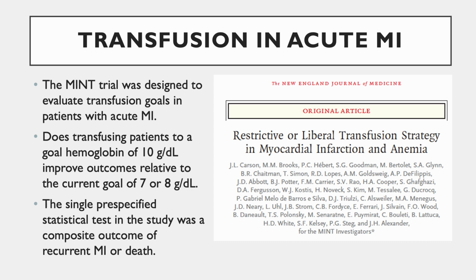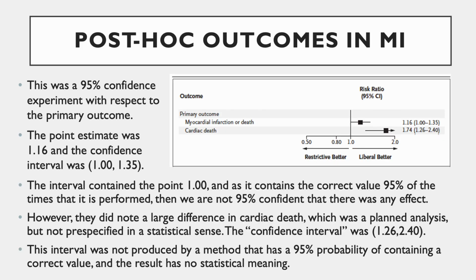And there was one pre-specified statistical test in the study, and it was a composite outcome of recurrent MI or death at 30 days. So this was a 95% confidence experiment with respect to that outcome, that one single primary outcome.